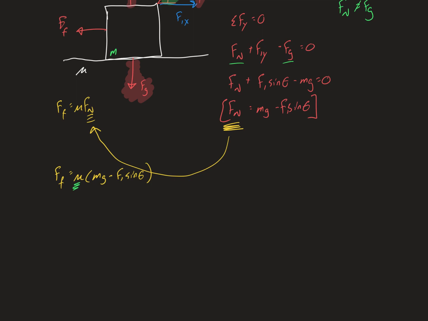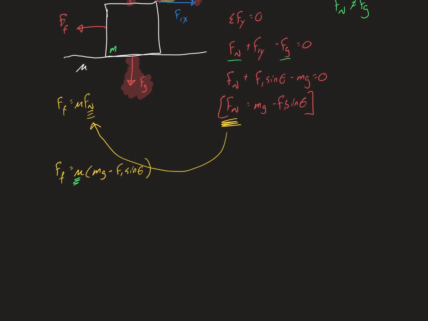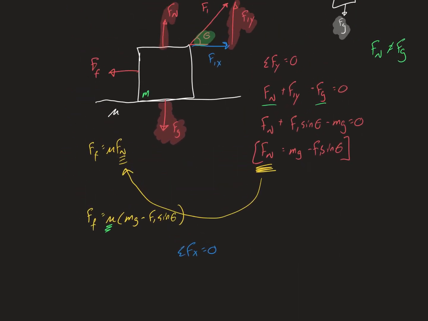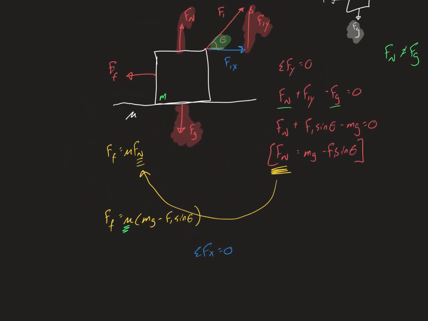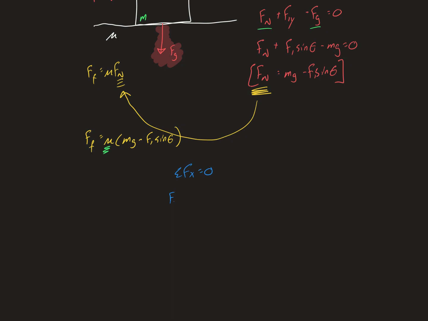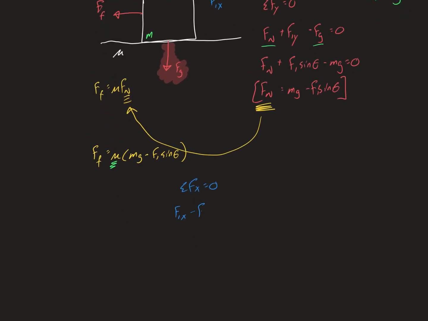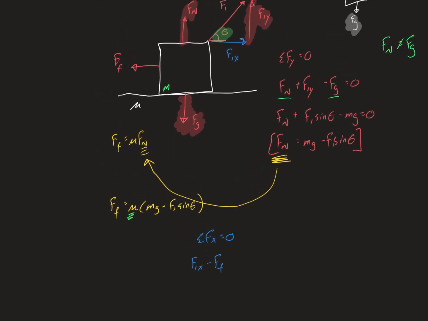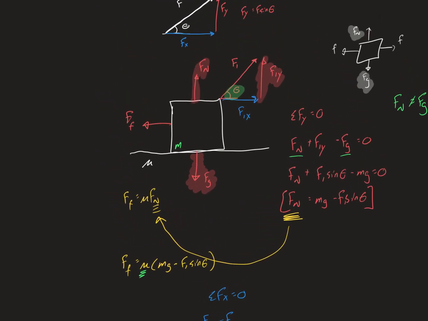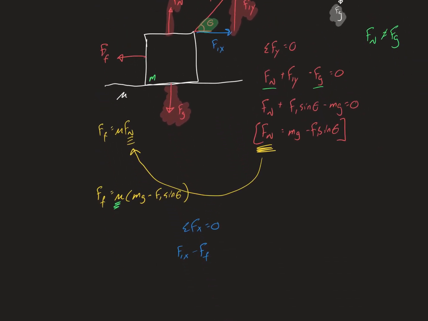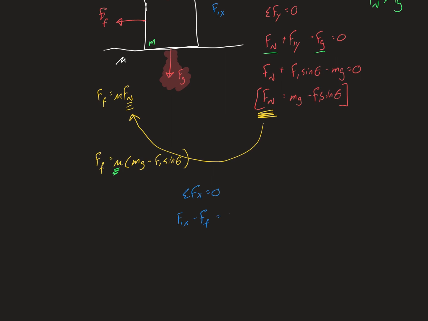Now, in the x direction, we have a couple of things we could talk about here. Let's first use the example that there's no acceleration in the x direction. This comes up pretty straightforward. We have F1 in the x direction minus the friction force, and if I look at my question here, there's nothing else going on, so this would be equal to 0.